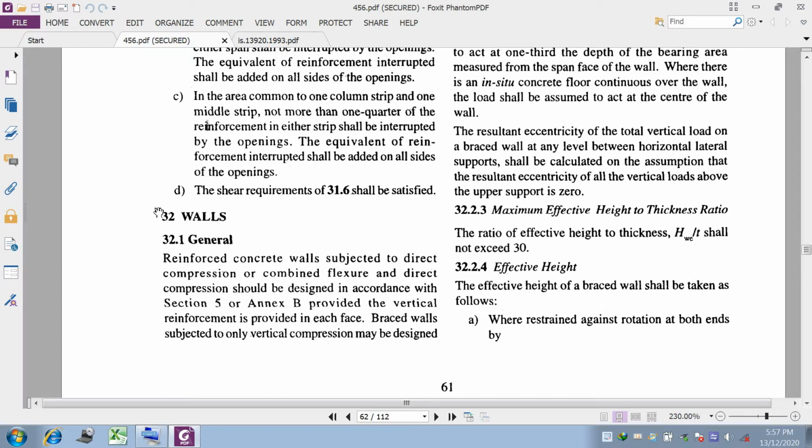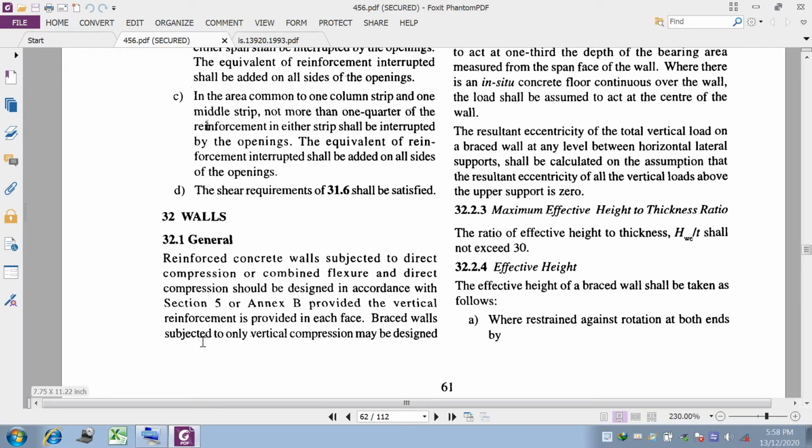If you refer to IS 456 at page number 61, there you will get clause 32. Under 32.1 you can see that a reinforced concrete wall subjected to direct compression, and combined flexure and direct compression, should be designed in accordance with Section 5 of Annexure B, provided the vertical reinforcement is provided in each face.